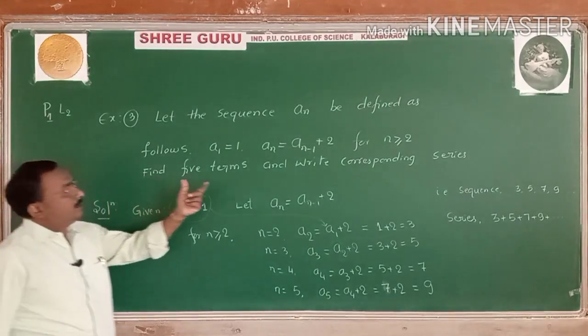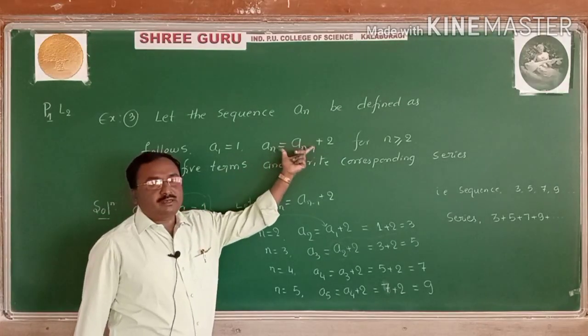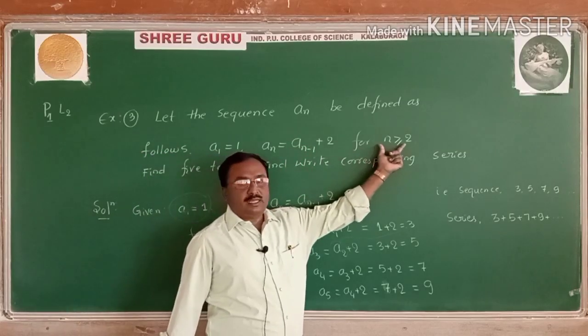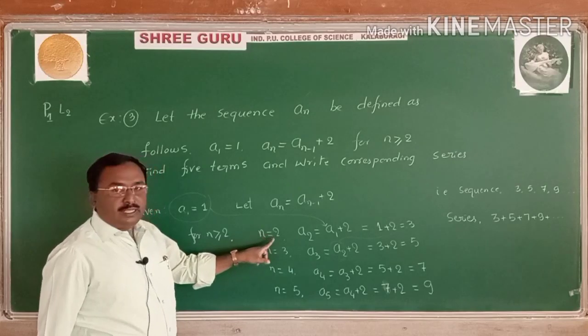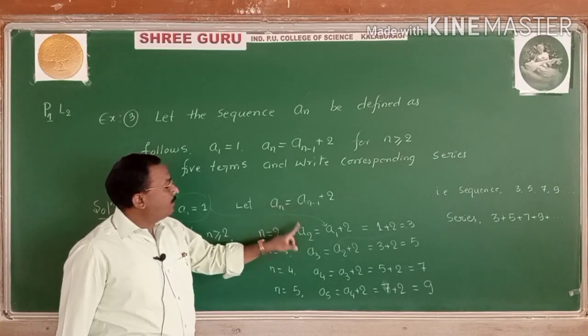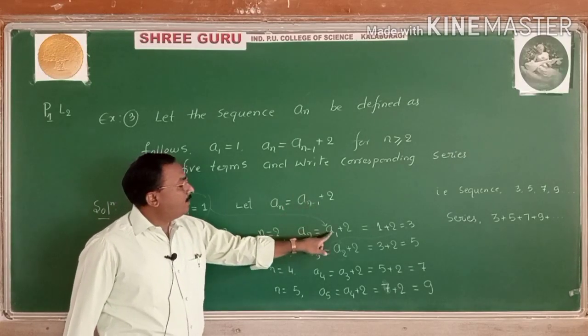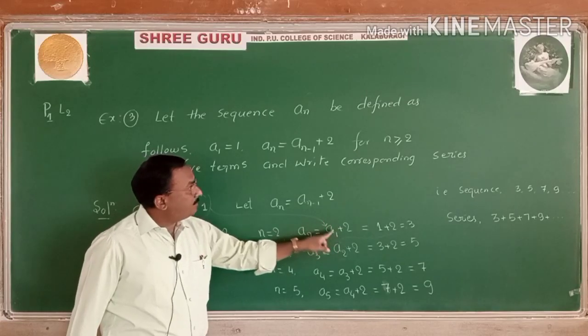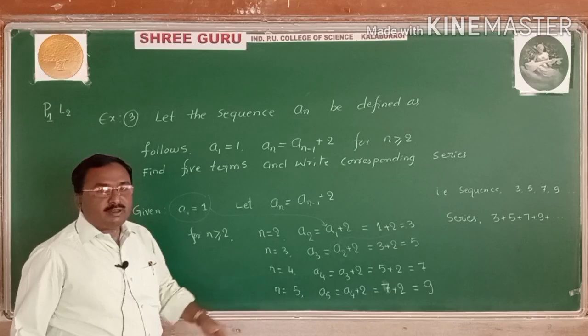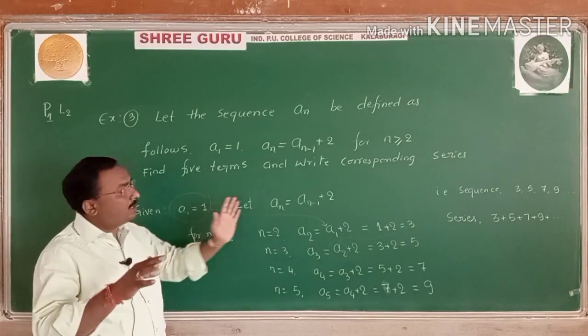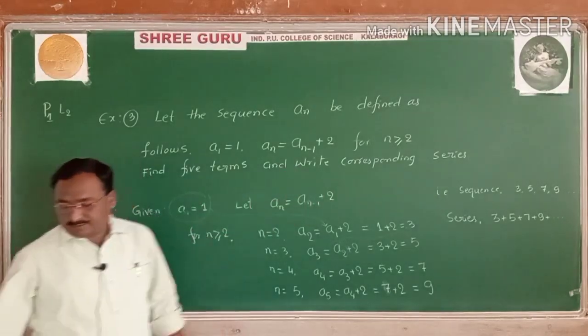Here the nth term is given, with the condition n greater than or equal to 2. Take n equal to 2, a2, replace n with 2, a1 plus 2, a1 already given. One by one up to 5 terms, then write the corresponding series.